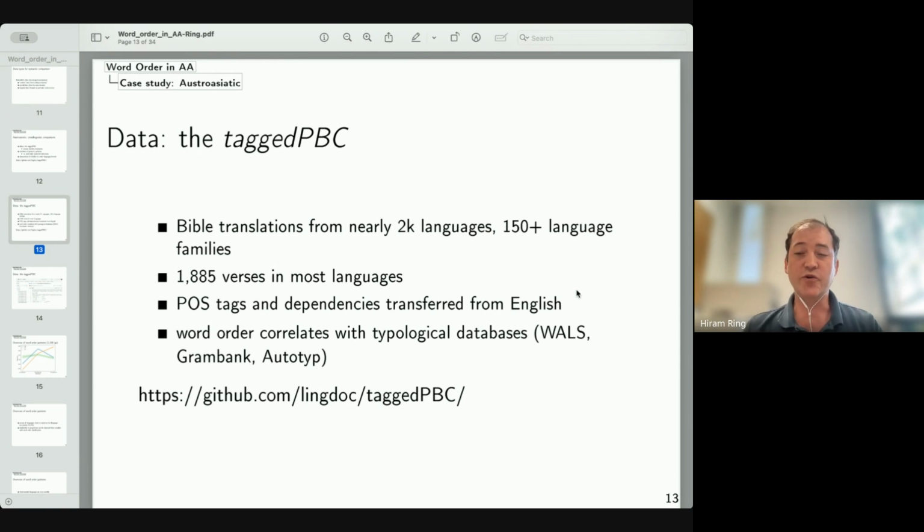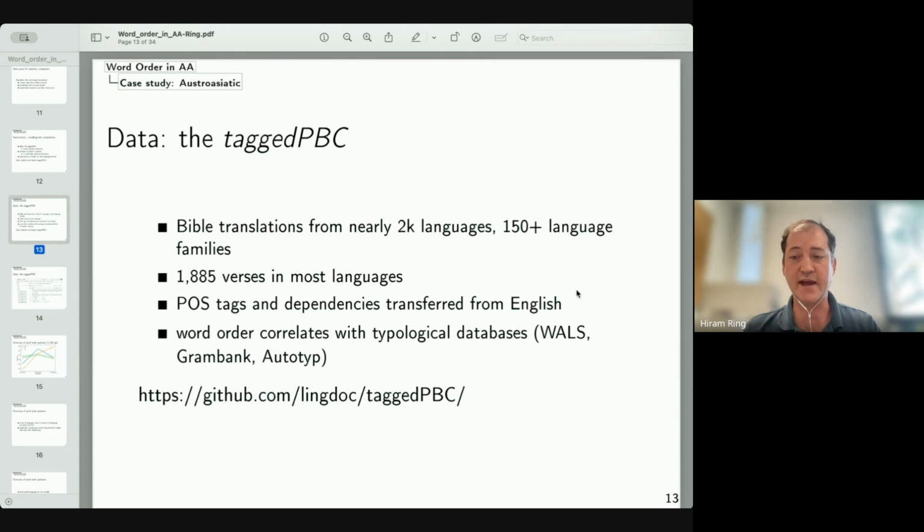Now, in order to develop, say, part of speech tags for these languages, I use some automated tools to transfer information from English using translation. This is not necessarily the best way of doing it, but it gives us a baseline. And I've found that the word order that you can derive from these corpora actually correlates with typological databases, so expert determinations of word order from the World Atlas of Language Structures, Grambank, and Autotyp.